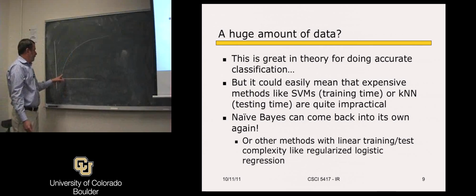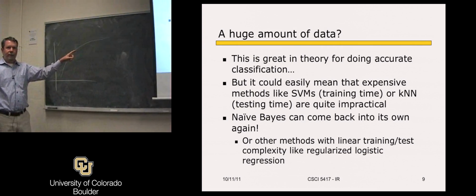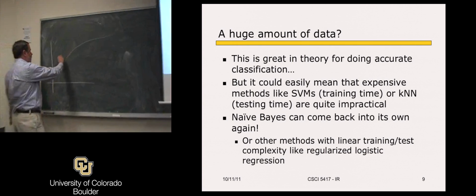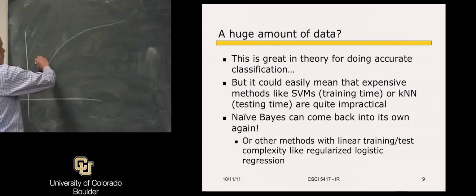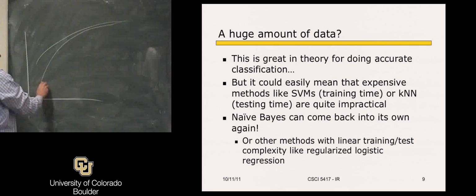So the other thing that happens with this curve is that you might have a really smart approach X. It looks like this, and so this is X and this is Y. I should give them different names.